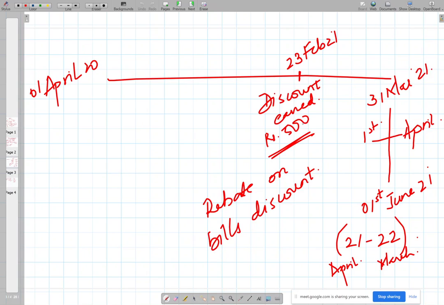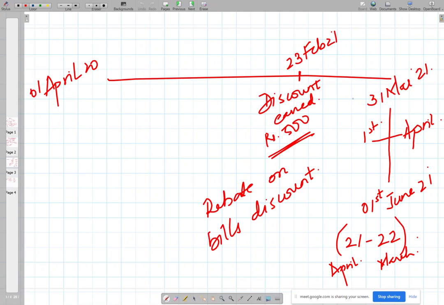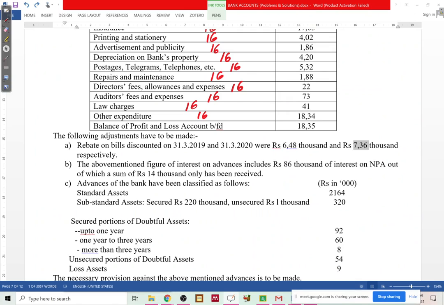We have to minus it from this year's income and add it to the next year's income, which is why we add of the previous year and minus of the current year. So this discount earned will not be taken for 2020-21, but it will be taken for the year 21-22. That is how rebate on bills discounted is normally accounted for. As we do the problem, we will come to these adjustments and make the additions and subtractions accordingly.